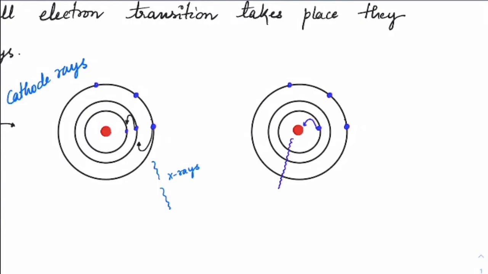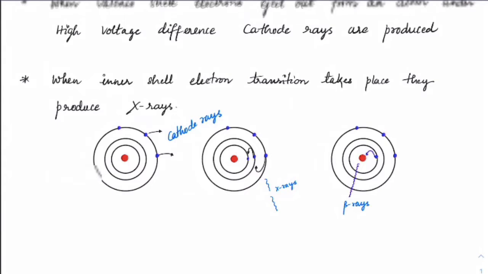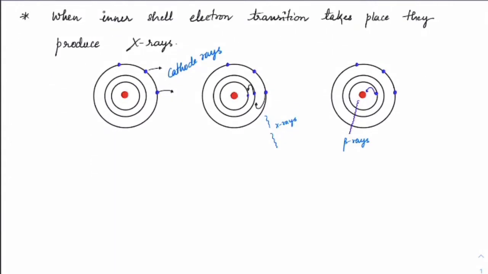Lastly, if electrons get captured by the nucleus, and from there some rays come back, then these are beta rays. So beta rays are generated from the nucleus. These are the three types of rays you must be aware of: when cathode rays are generated, when X-rays are generated, and when beta rays are generated.